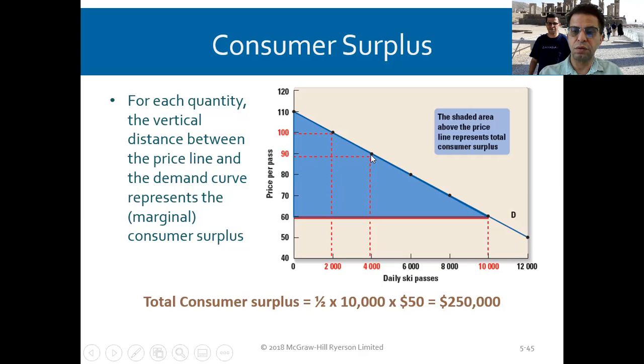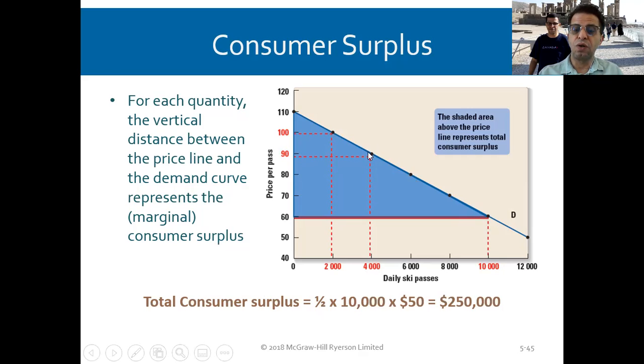Let's assume you're willing to pay $90 to buy 4,000, and you're willing to pay $2,100 for 2,000. And you went to the store and got it for $90, the price in the market.